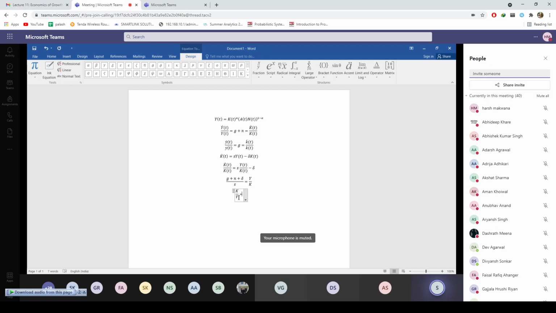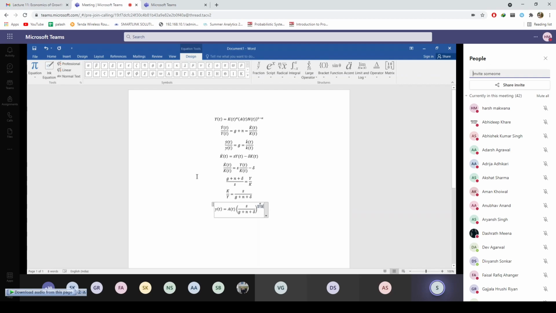If I manipulate this equation, we have shown yesterday that per capita output can be written as capital At multiplied by this term K by Y, the bracket, and whole to the power alpha by 1 minus alpha. This is my per capita output, right?